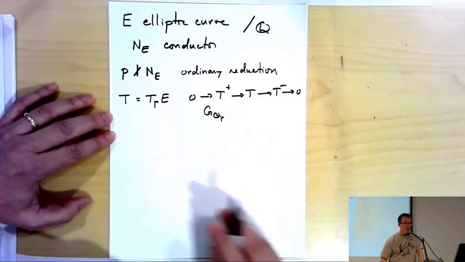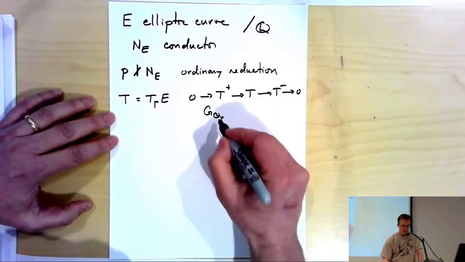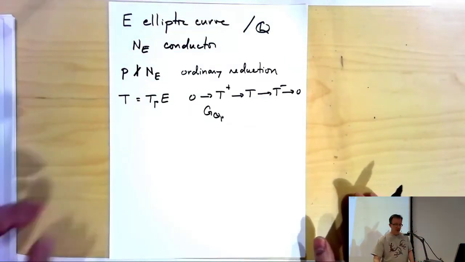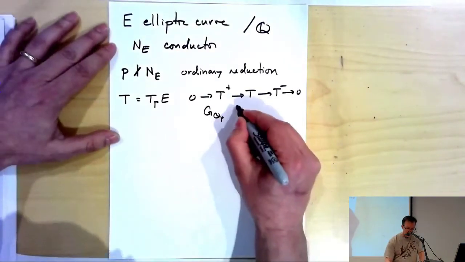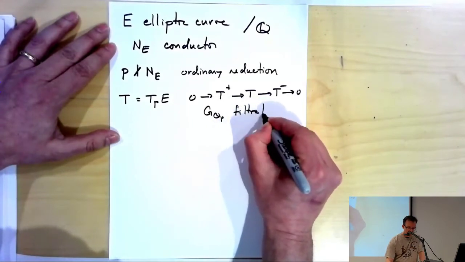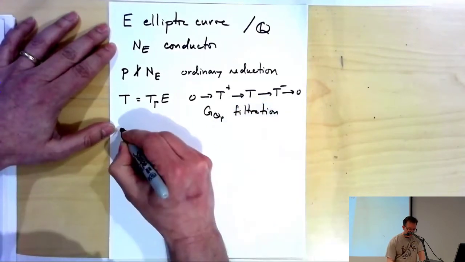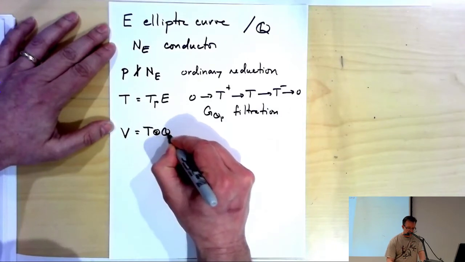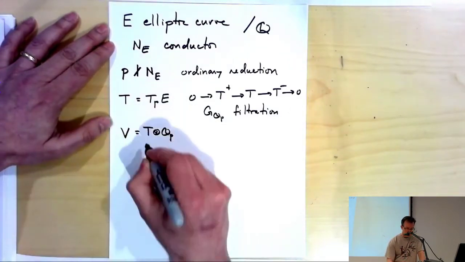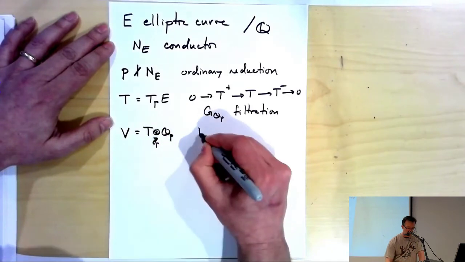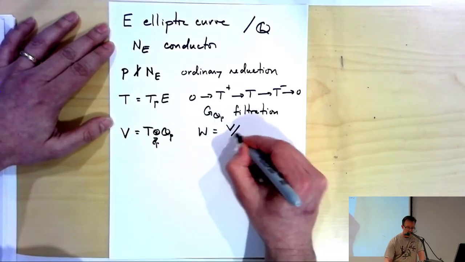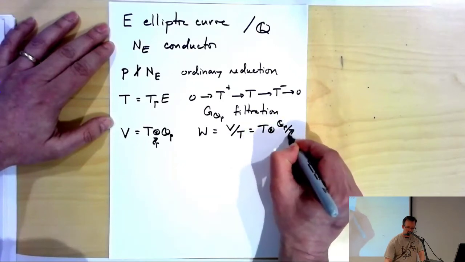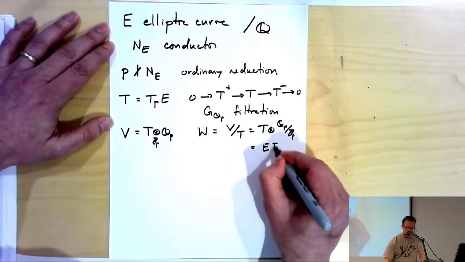So the Galois action of the Galois group at P, which I can identify with the absolute Galois group of QP. V was the p-adic Tate module, so I've extended the coefficients to QP, and W was V mod T, if you like, which is T tensor QP mod ZP, which is identified with the p-divisible group.